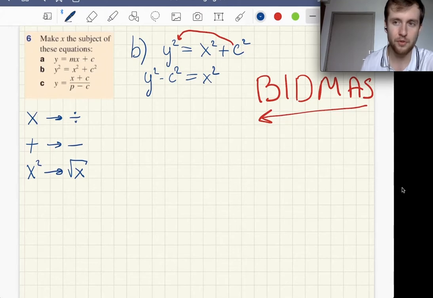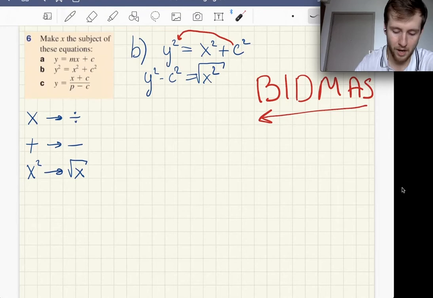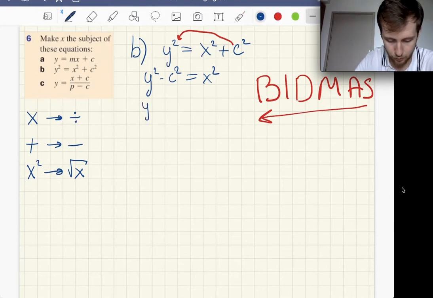So what we have to do is take the root. To get rid of this 2, we need to take root from x. But we can't just take root from x. We can't just take root from one side. It's not going to be fair to the other side. So we have to do the same thing to this side as well. We have to take root as well. So we write it here: y squared minus c squared equals x squared.